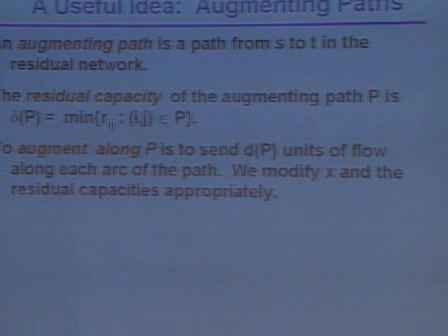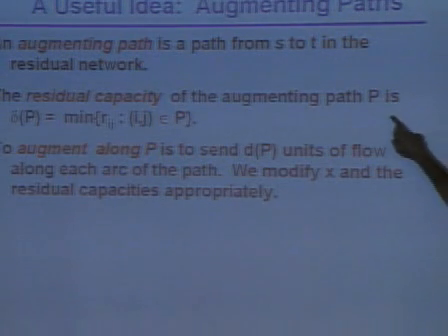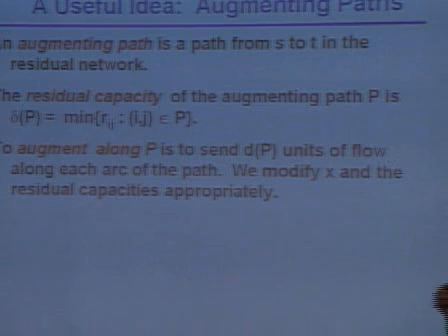So, what does it mean? If you find a path in the residual network, that gives you an opportunity to increase the flow from S to T. Now, you're going to increase it by the residual capacity of that path. So, if I have a path in which one arc has extra capacity 5 and another arc has extra capacity 7, then I could increase flow by up to 5.